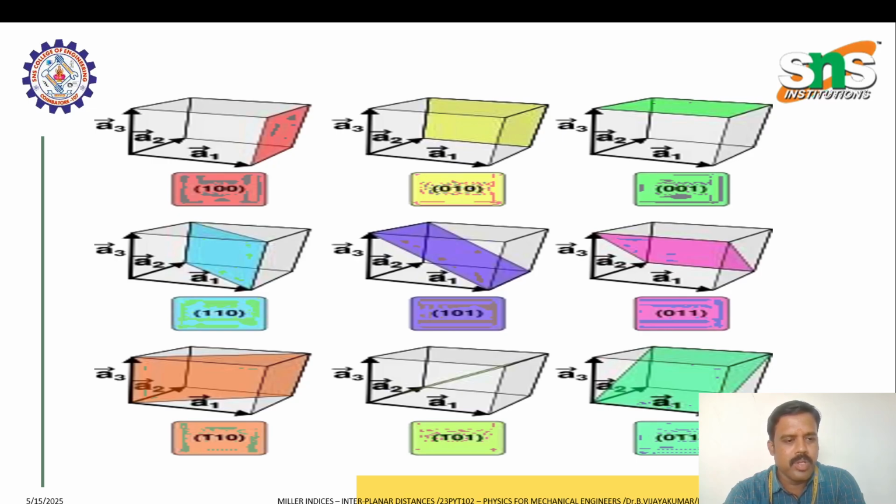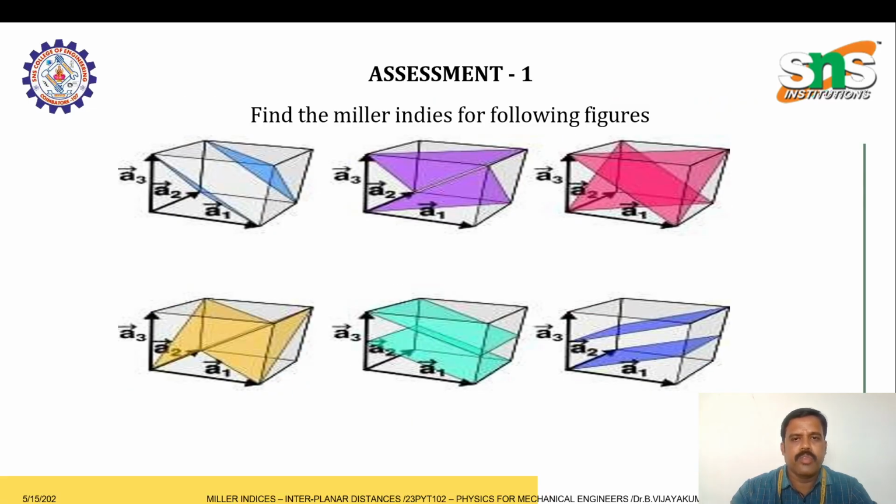It is another form, not parallel to a1, so it is connected to a3 and a2. It is similar for the other inverse types also. This picture is very important for identifying Miller indices for different values of h, k and l. I give the assignment to my students to find the values for this picture.